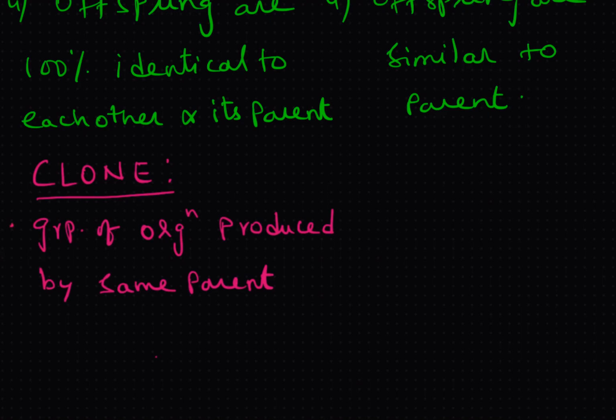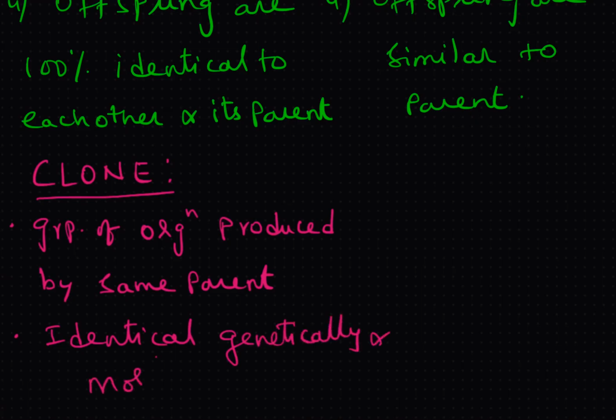This group should be identical both genetically and morphologically, right? So who is a clone? A group of organisms produced by the same parent who are identical in terms of their genes and in terms of their morphology. Such a group of individuals is called clones.